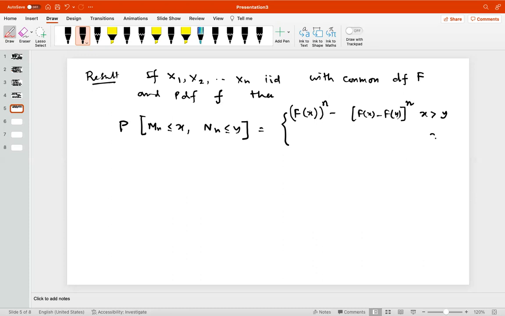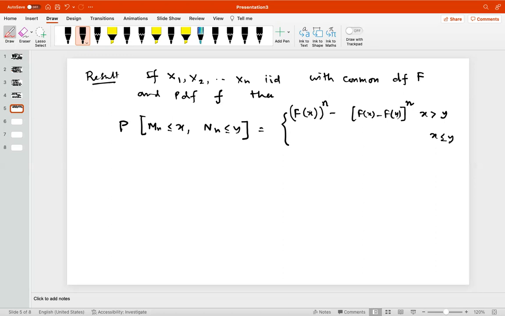And if x is less than or equal to y, say x is 3 and y is 10, the maximum value is less than or equal to 3 but the minimum value is less than or equal to 10. It is obvious: if the maximum value is less than or equal to 3, then the minimum must be less than or equal to y.